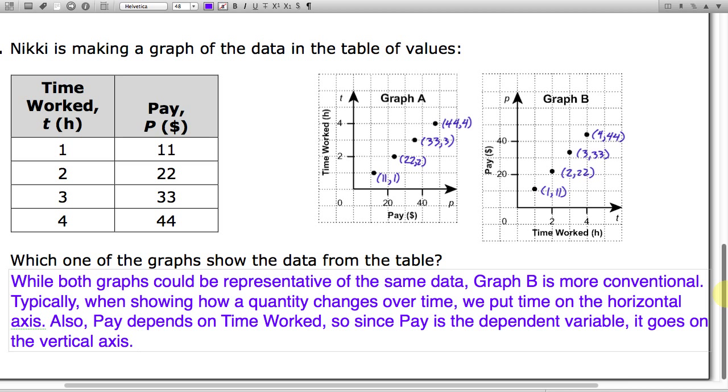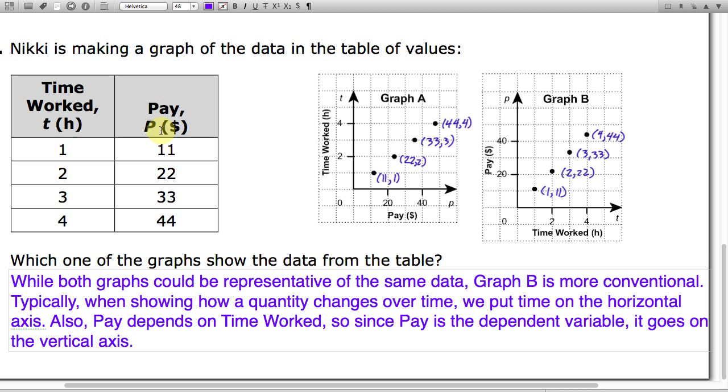So when you're thinking about things and you're saying, okay, does pay depend on the amount of time worked, or does the amount of time worked depend on pay? Usually you calculate your pay from the amount of time worked. That means pay depends on how much you've worked. And so if this depends on that, that makes this the dependent variable, and that means this is the independent variable.